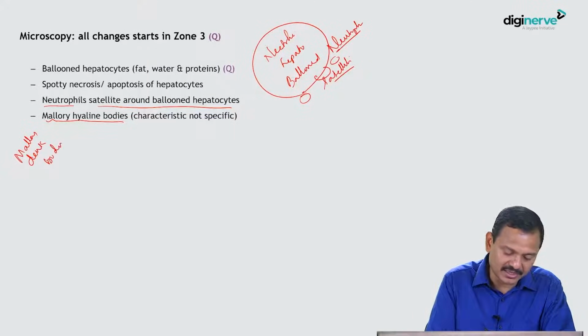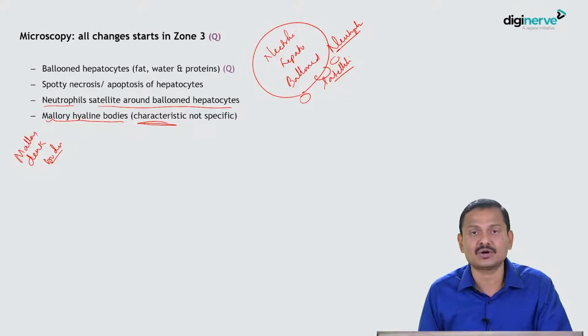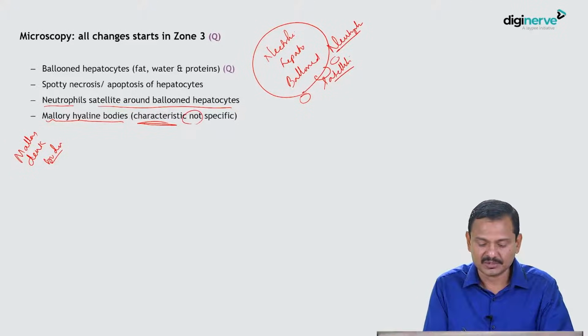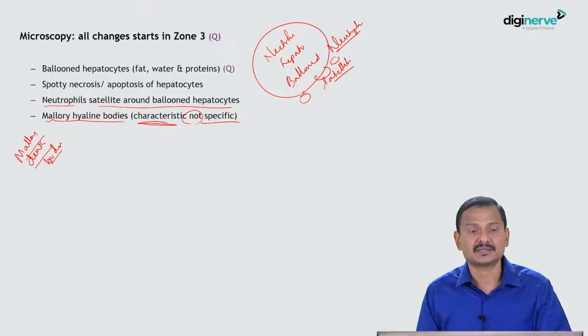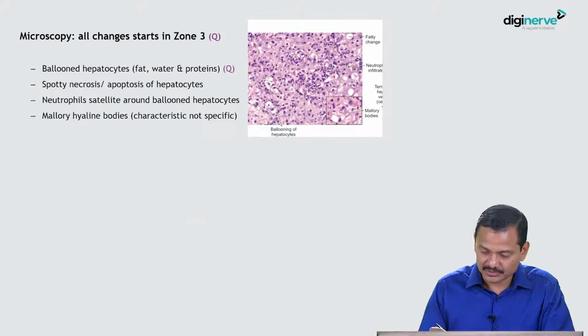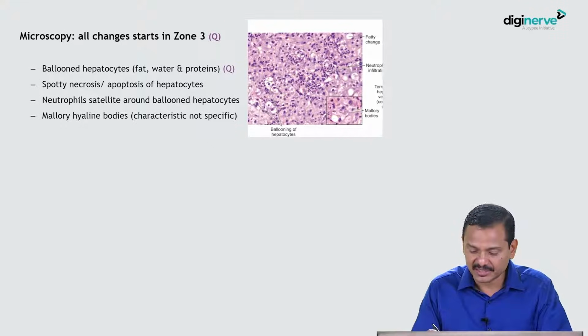These are characteristic of alcoholic liver disease, but not specific, because Mallory-Hyaline bodies can be seen in many other liver diseases.